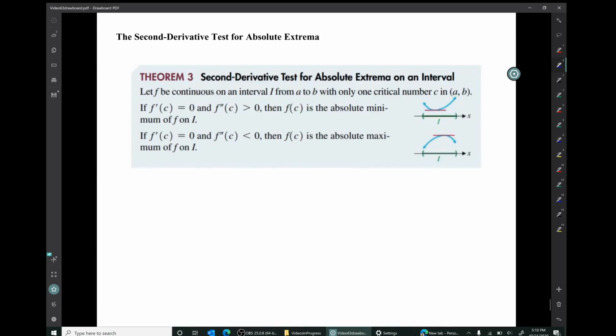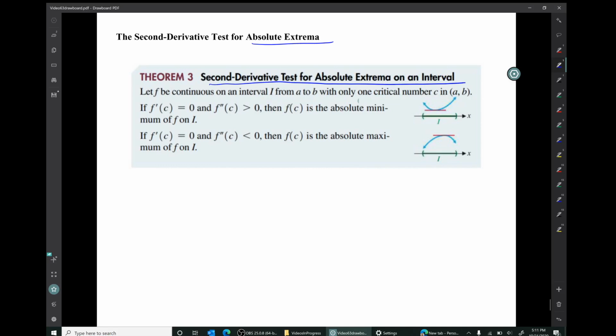Now there's a second derivative test for absolute extrema, and that's this. Second derivative test for absolute extrema on an interval. It goes like this. Suppose that you have a function that's continuous on an interval with only one critical number in that whole interval.